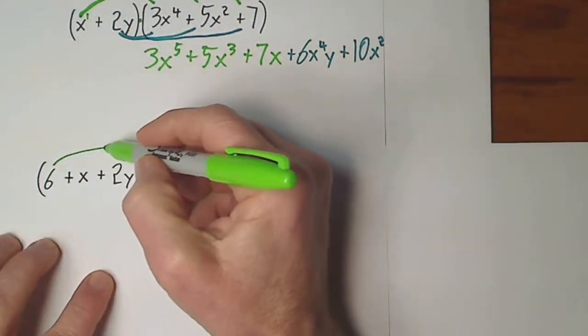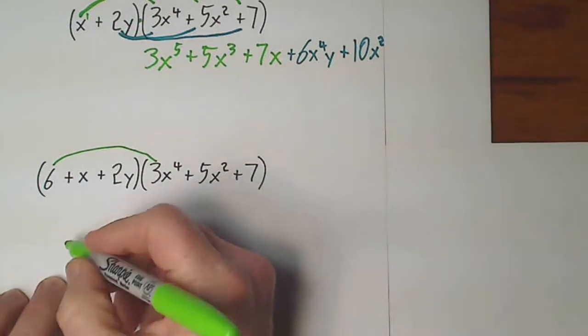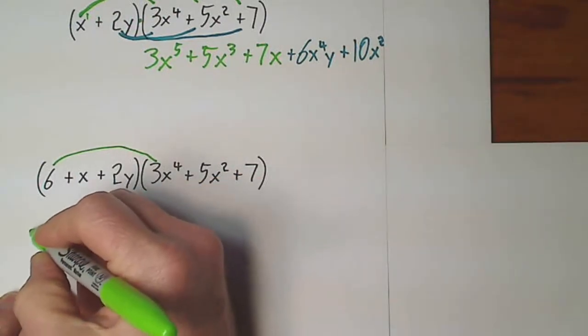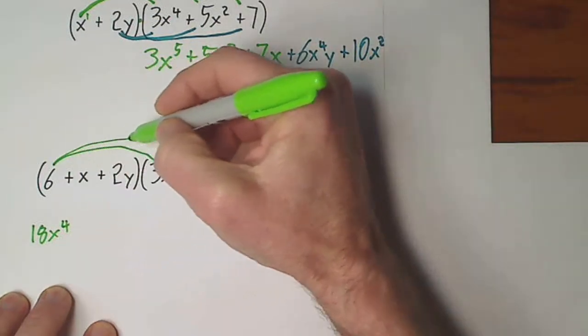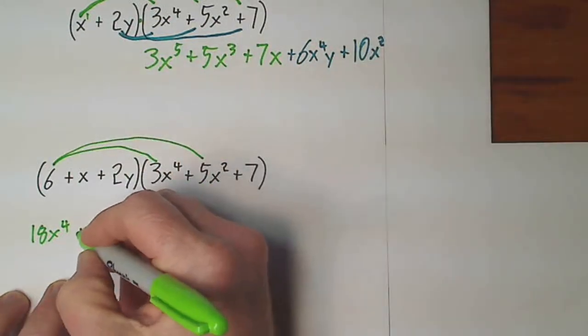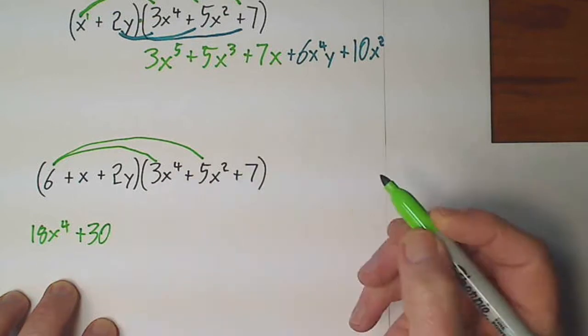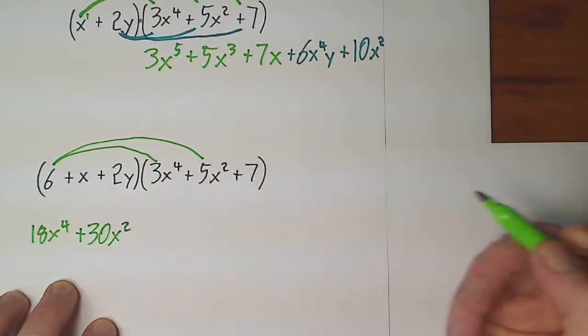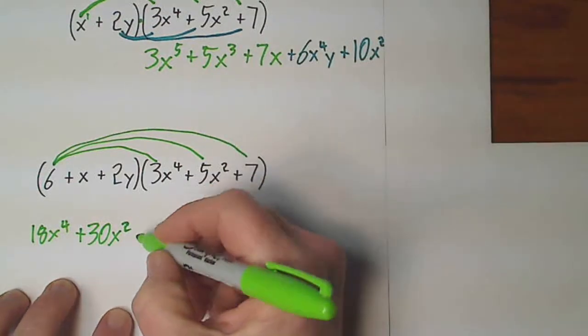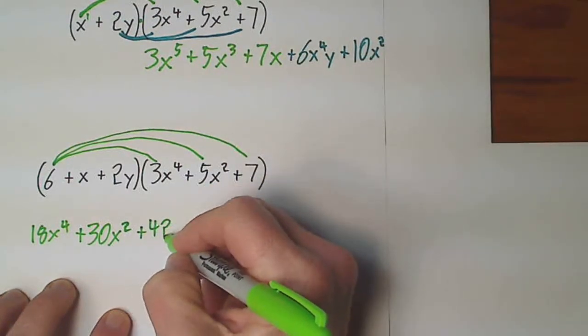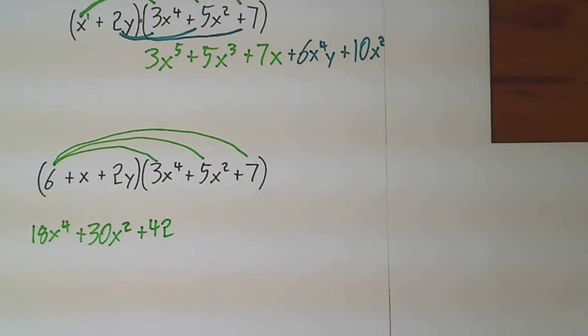So 6 times 3x to the fourth is 18x to the fourth. 6 times 5x squared is 30x squared. 6 times 7 is plus 42. We've taken care of our first term.